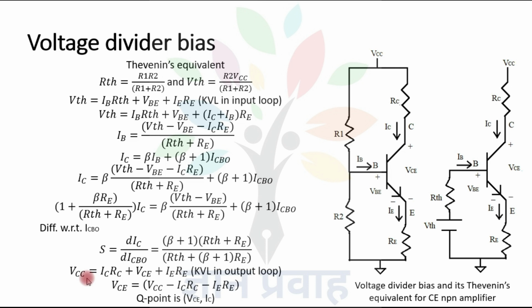VC is calculated after applying KVL equation in the output loop, that is VCC equal to RC IC plus VCE plus RE IE. So from this equation, VC equal to VCC minus IC RC minus IE RE.